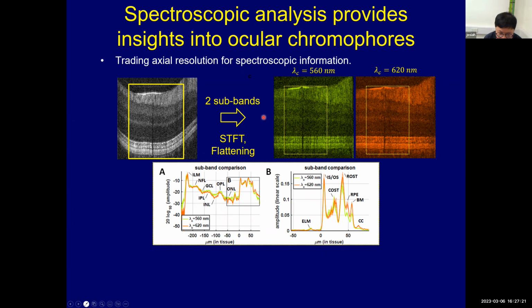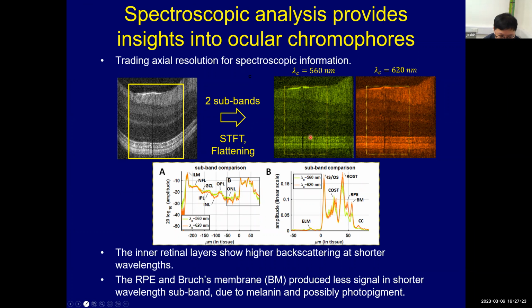I just want to highlight what to see, for example. Because you split into different colors, you can get different information.